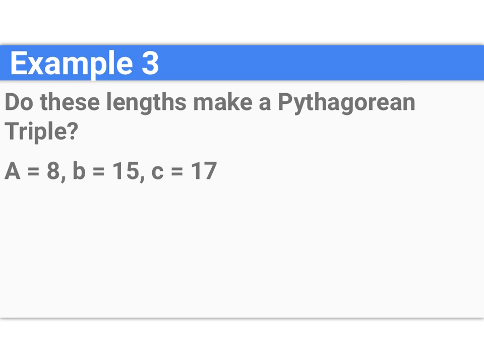Okay, so if you go back to the vocabulary, a Pythagorean triple is three lengths whose sides meet up, so the left side should equal the right side. So a squared plus b squared equals c squared. You get 8 squared plus 15 squared, does it equal c squared, which is 17 squared?